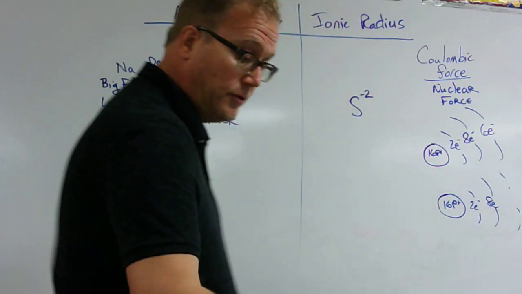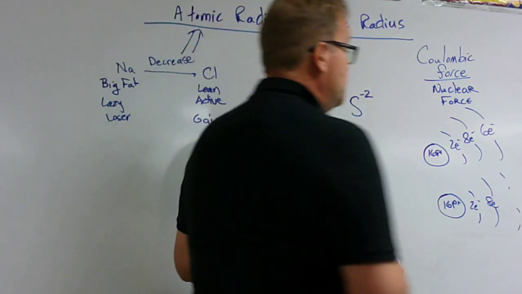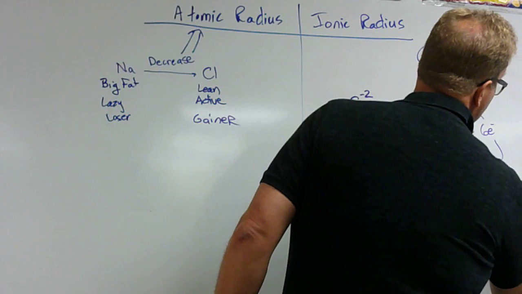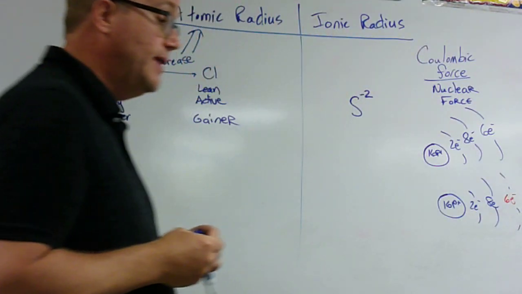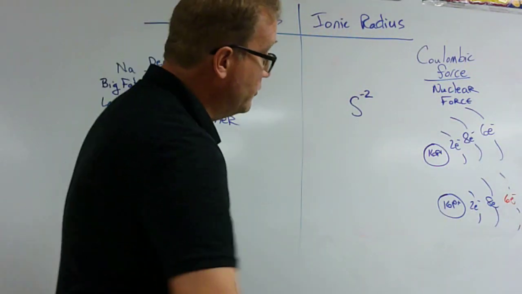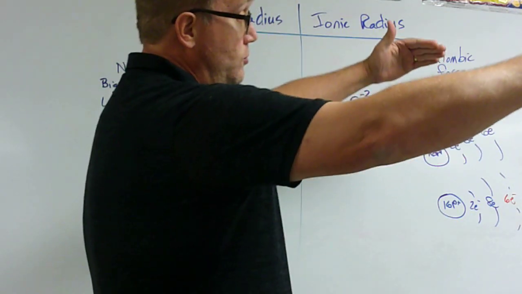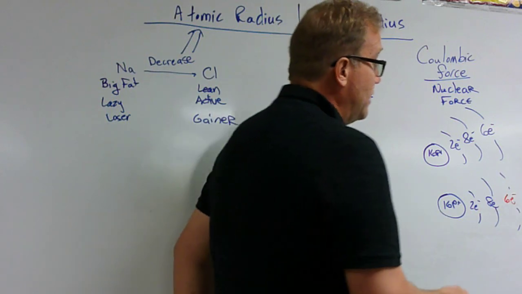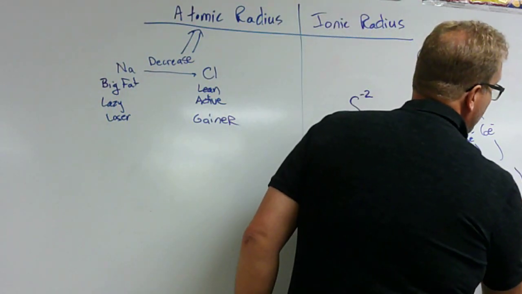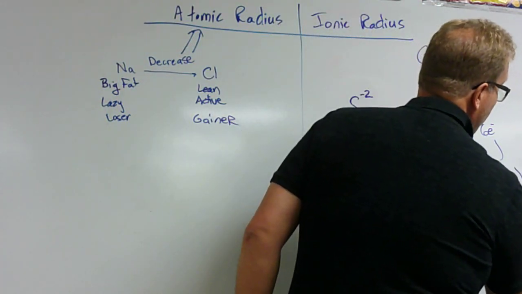I'm going to do it with a different color. So the dotted one is going to be my original position, but if I add 2 electrons, it's going to have to expand a little bit to accommodate those extra electrons. So now it's going to be this.